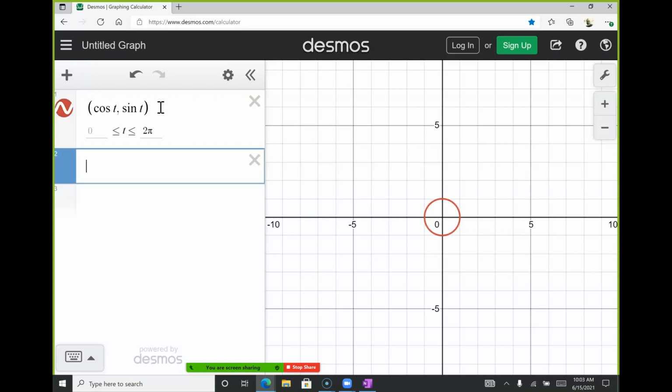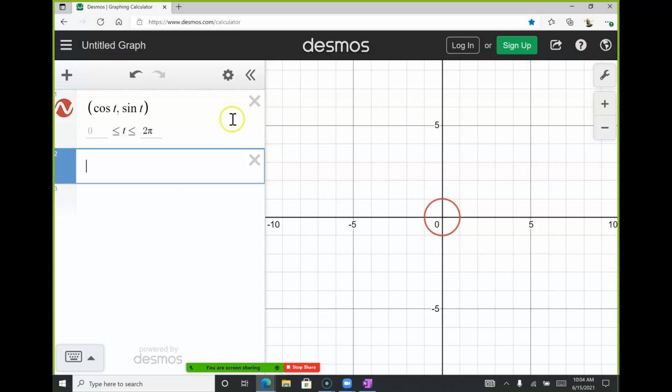The whole key is, we usually use t for time, so I can see that circle being drawn out in time, right? That's the idea. Whereas if I just plot the full equation, it just gives me the whole equation. So this thing is kind of allowing me to do this by time.